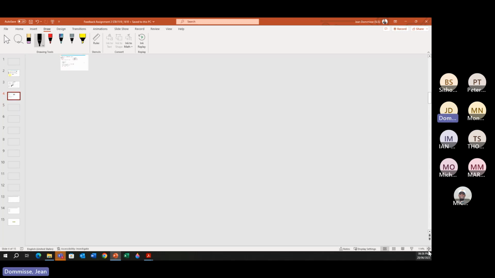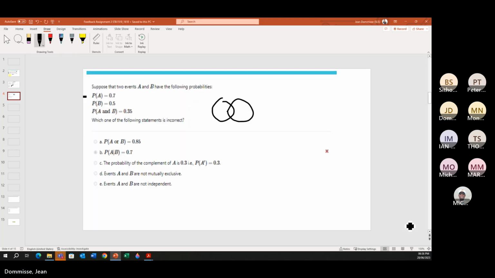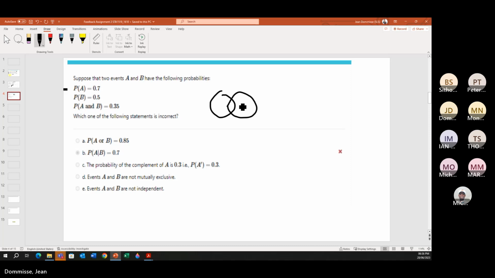So remember that piece in the middle will be the 0.35.